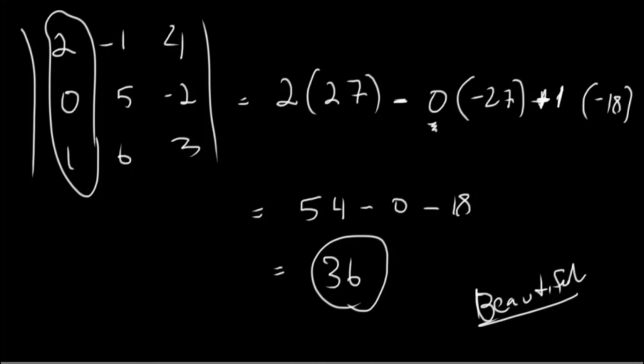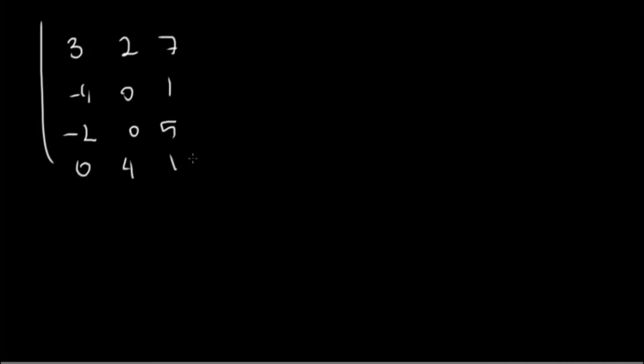All right, so I got one last problem for you guys, and I'm actually not going to do it for you. I want you guys to do it. So I want you to find the determinant of 3, 2, 7, negative 4, 0, 1, negative 2, 0, 5, and then 0, 4, 1, 6, 3, negative 3, 1.